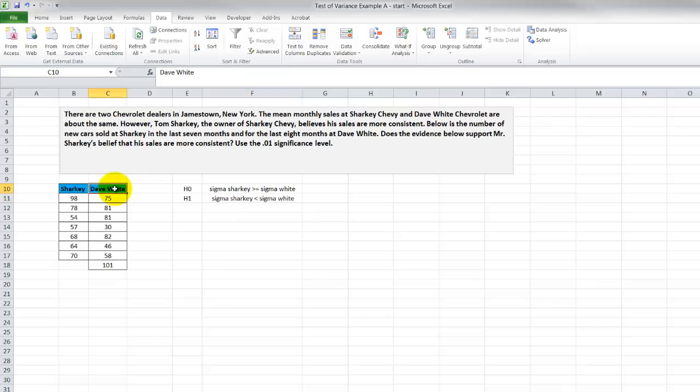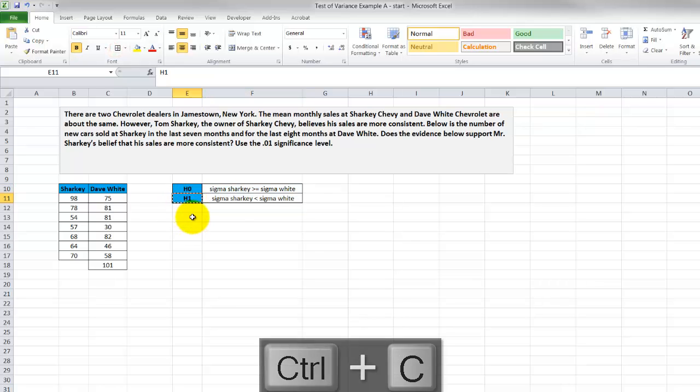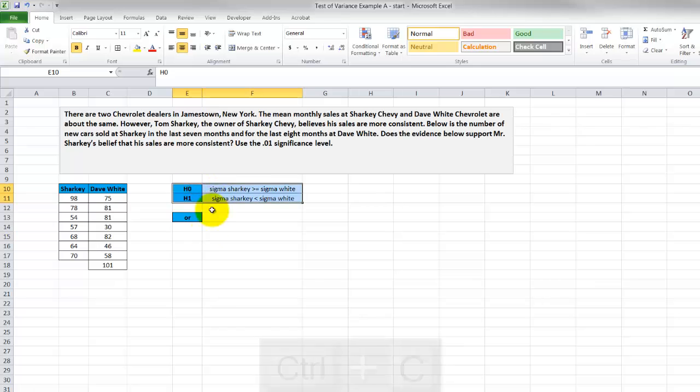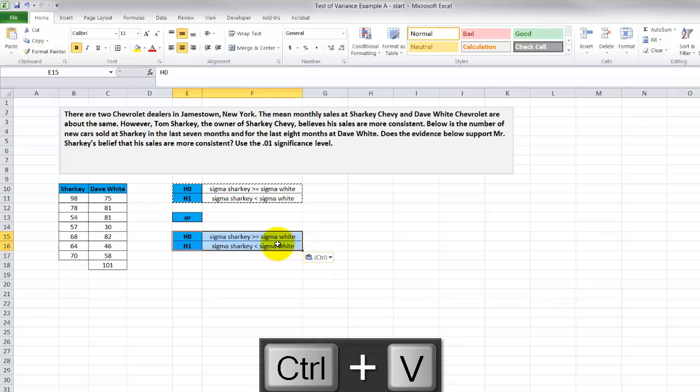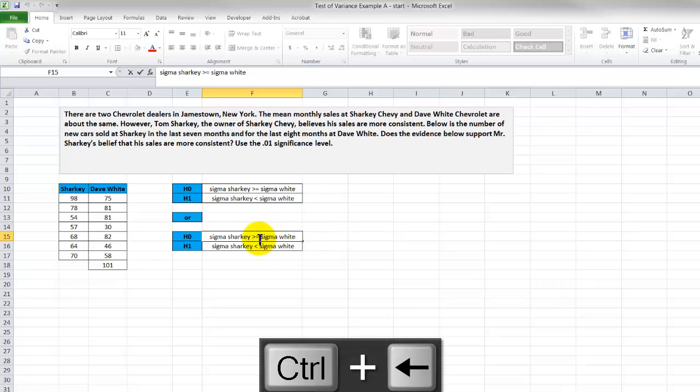Of course, we can actually rewrite this in a slightly different manner. I'm just going to copy and paste these. And actually what I'm going to do is subtract sigma White from both sides.